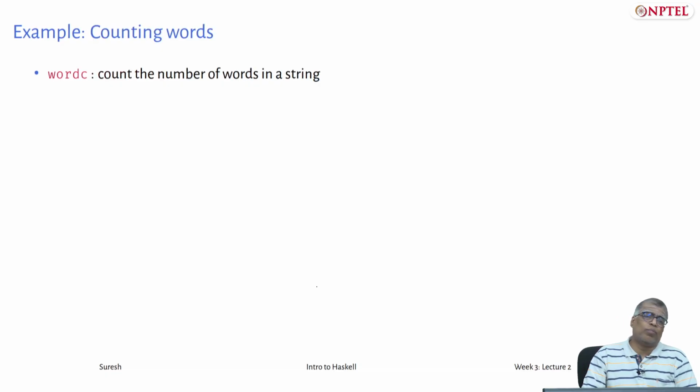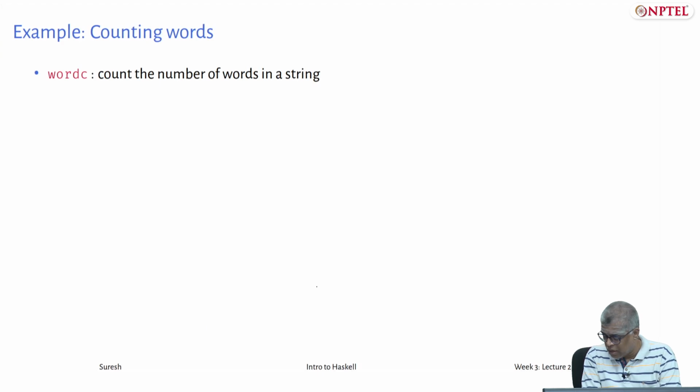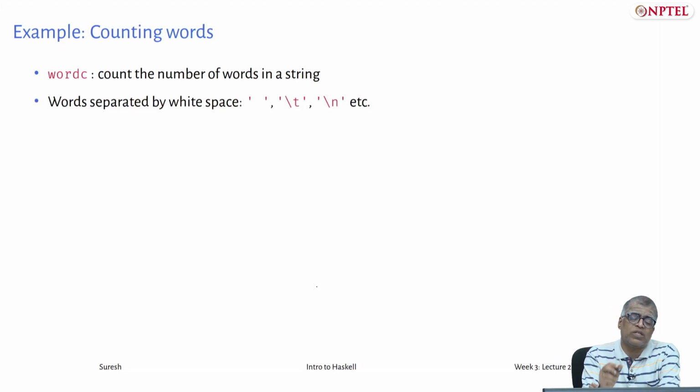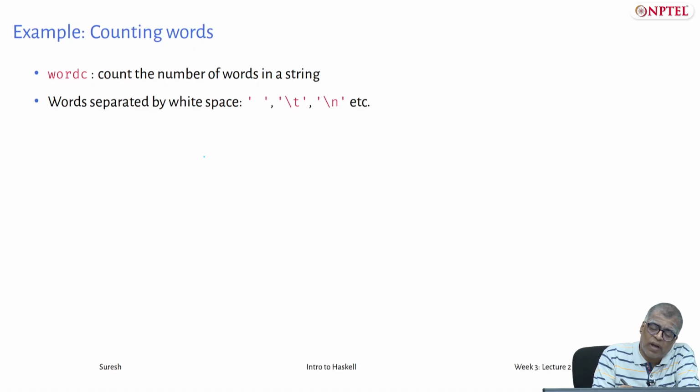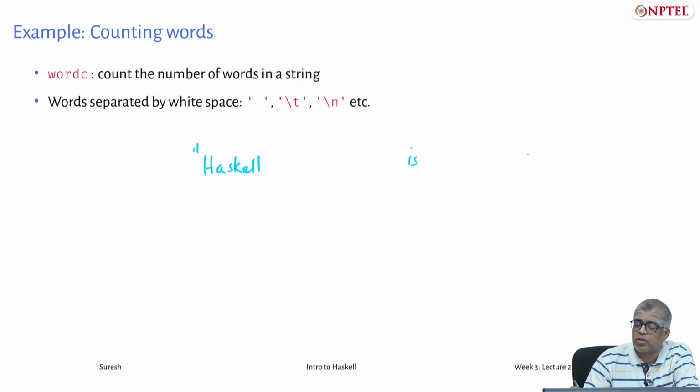Here is another more challenging example. You want to count the number of words in a string. But first we need to figure out what a word in a string is. Words are separated by white space clearly, but there can be more than one white space. This is the point. So, I can have Haskell is cool.